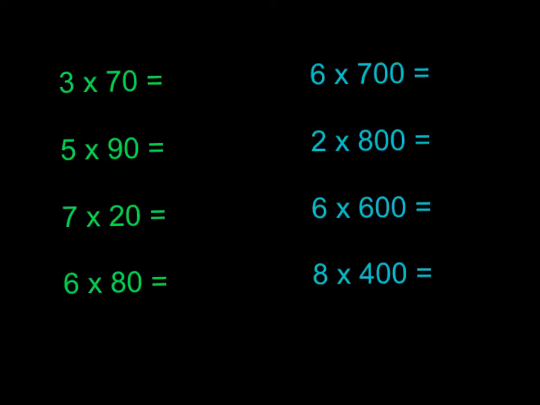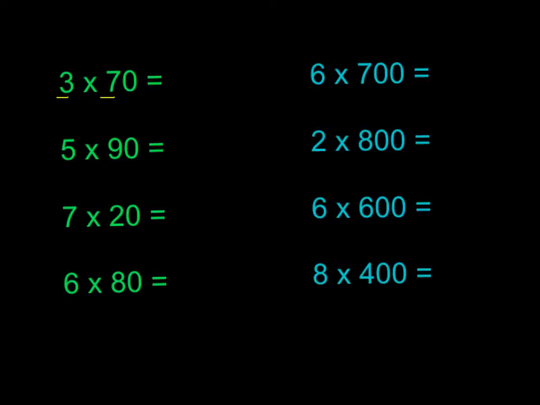On our next slide, we're going to work through several different problems. The first column has our tens, so we're multiplying one digit by a two-digit number with tens. On the first one, we look at the 3 and the 7. Knowing our multiplication really helps here. We need to have that memorized.